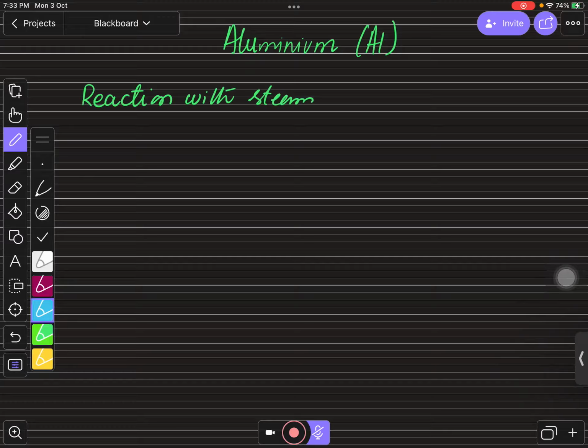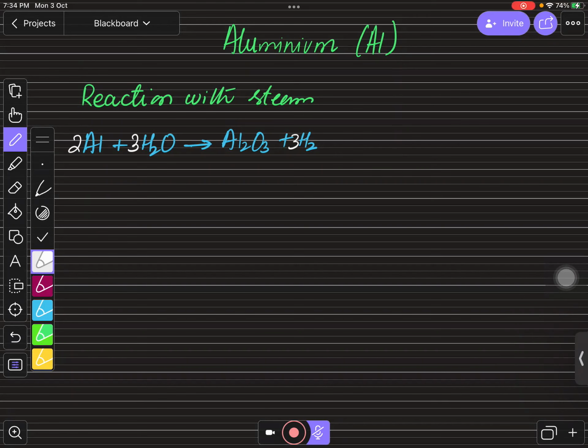So it will be aluminum reacting with water to give you aluminum oxide plus hydrogen gas. Right, and for the balancing, you can write 2 over here and 3 over here. So this is a reaction.